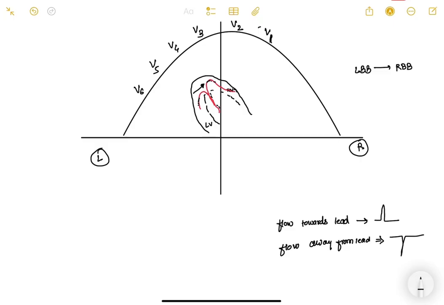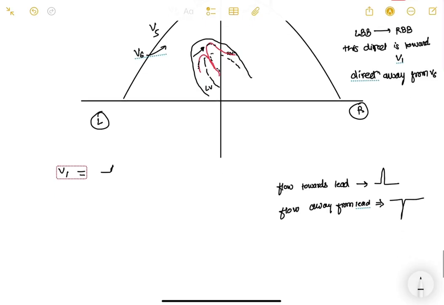Can I say this direction is towards V1, and similarly away from V6? So what will we get in V1? In V1 we will get a slight positive deflection, and in V6 we will get a negative deflection.